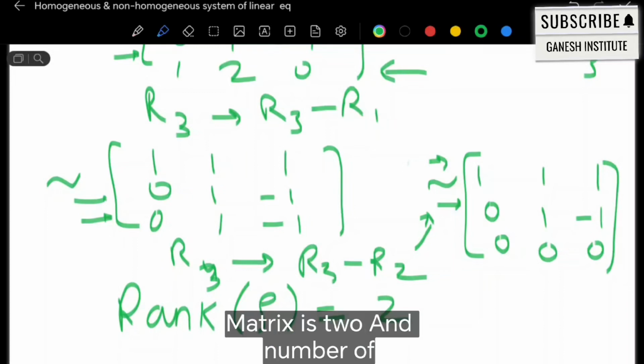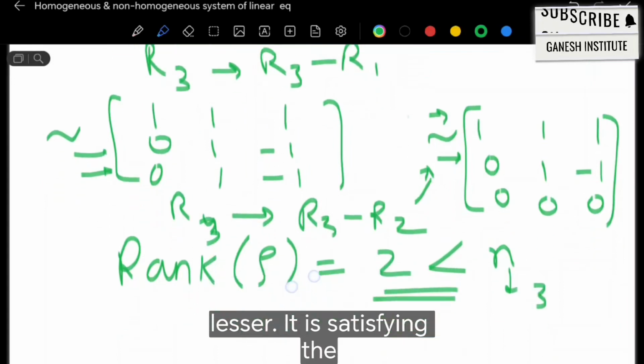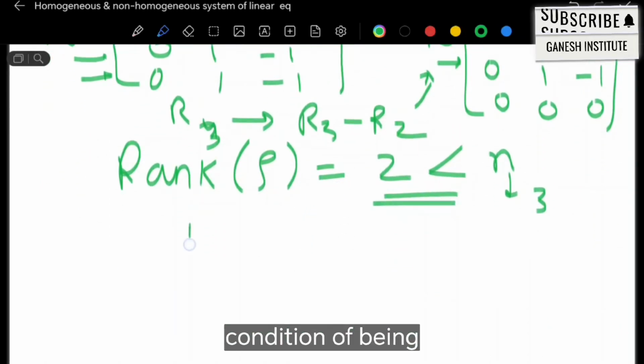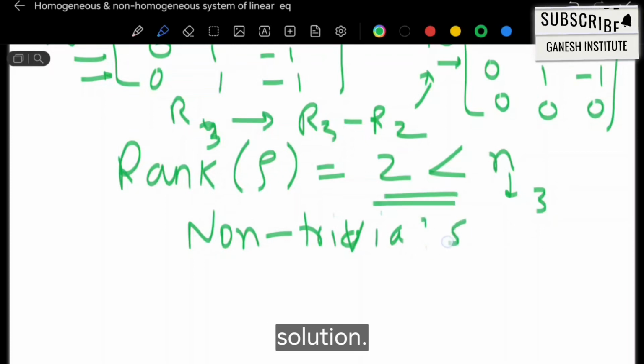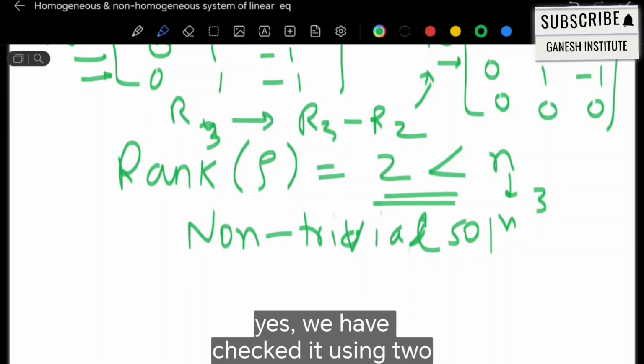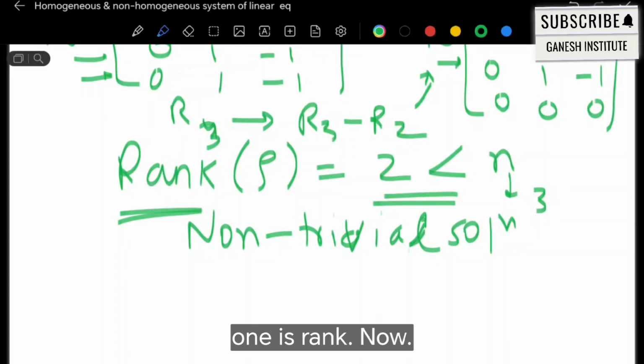Rank of the matrix is 2, and the number of variables is 3. Because it is lesser, it is satisfying the condition of having non-trivial solution, right? So yes, we have checked it using 2 methods. One is determinant, another one is rank.